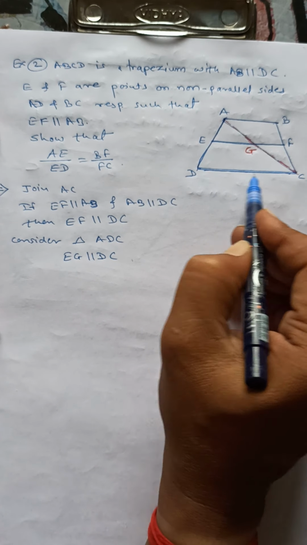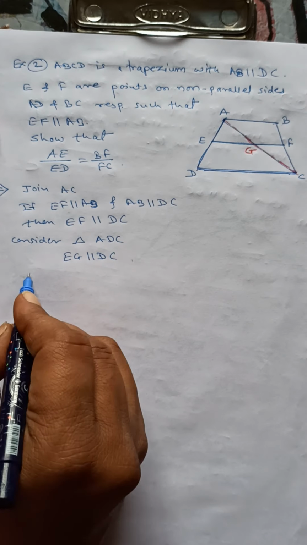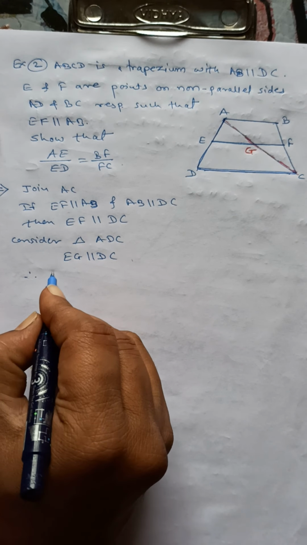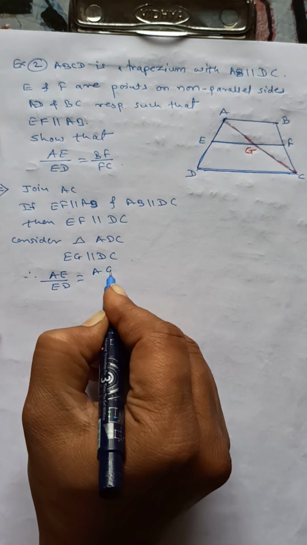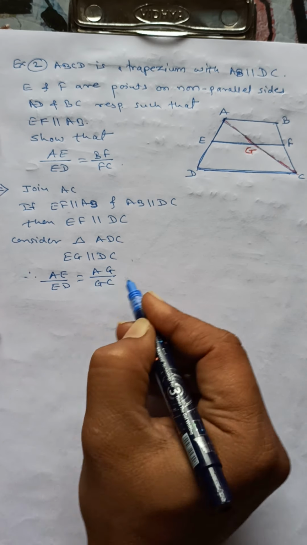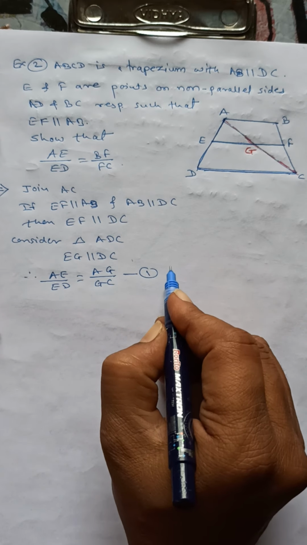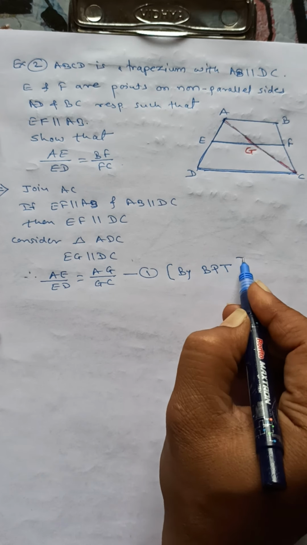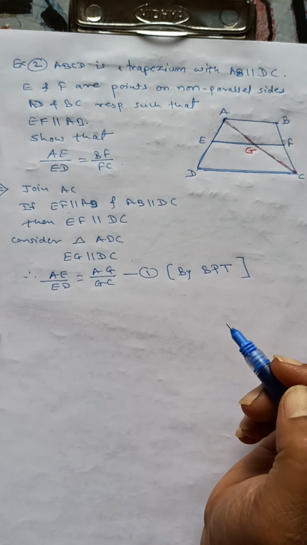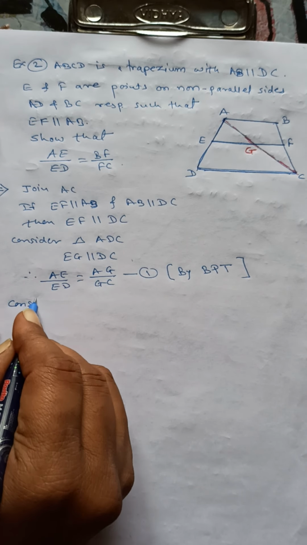If a line is parallel to one side of a triangle, it divides the other two sides in the same ratio. So therefore AE upon ED is equal to AG upon GC. This is equation number 1. And how did we get equation number 1? By the basic proportionality theorem, by BPT, isn't it?